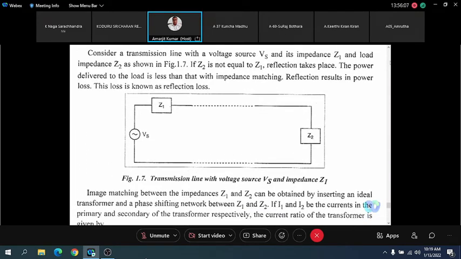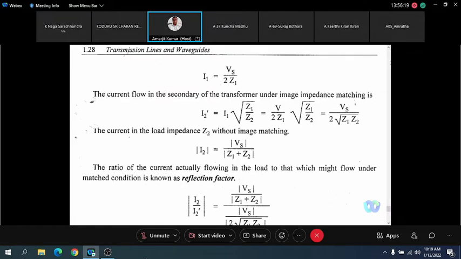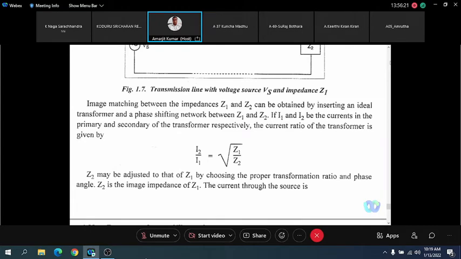Okay, so when we take a transformer, in the primary and secondary, if the currents are I1 and I2, what is the current ratio for the primary and secondary coil of the transformer?